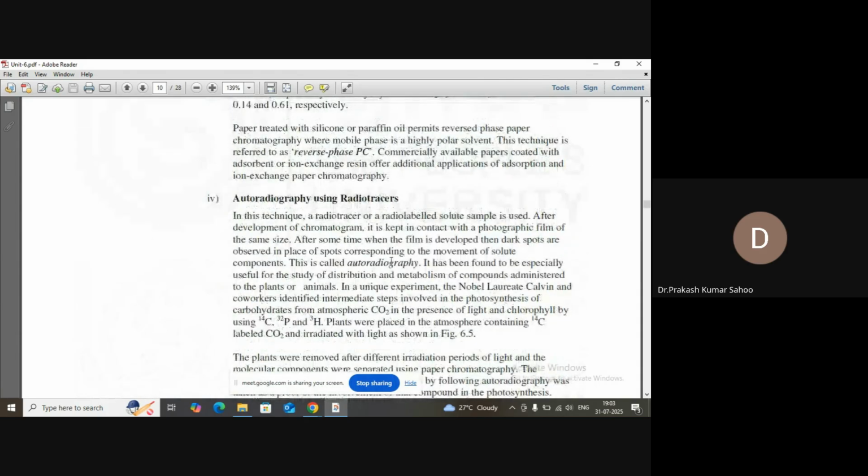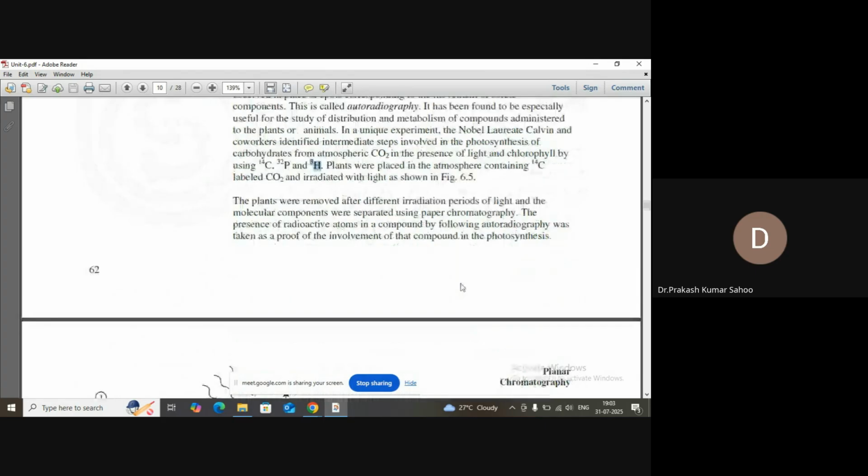Then autoradiography using radiotracers. Just read out these things, because radioactive elements are used, and different isotopes of carbon, phosphorus, and hydrogen get trapped or highlighted with this use of chromatography.